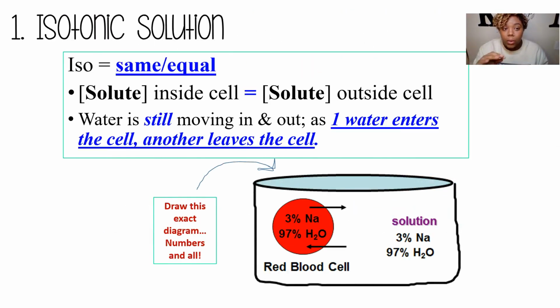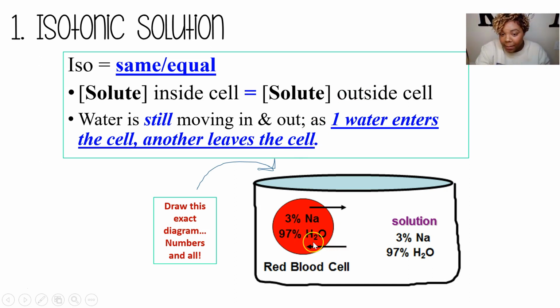Okay. So the first solution we're going to talk about is isotonic. That was the one we saw where the cells stayed the same, where one exited and one entered. So the word iso means same or equal, which makes sense because it stays the same. All right, so basically isotonic is when the solute concentration inside the cell is equal to the solute concentration outside the cell.